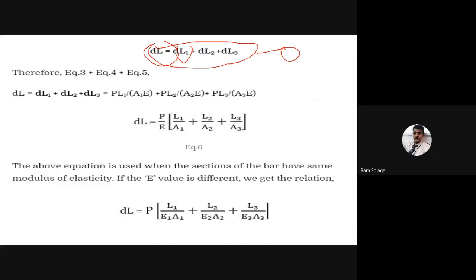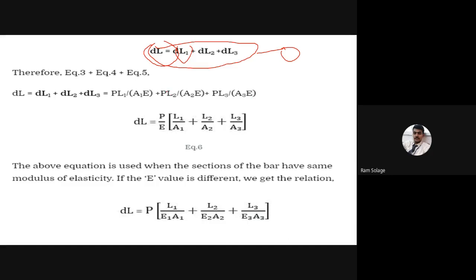But some students are brilliant and have confidence in their calculation. So instead of that, they write the formula directly. What is the formula? Delta L is equal to delta L1 plus delta L2 plus delta L3. Now they put the values. What is delta L1? PL1 divided by A1 E1 plus PL2 divided by A2 E2 plus PL3 divided by A3 E3.